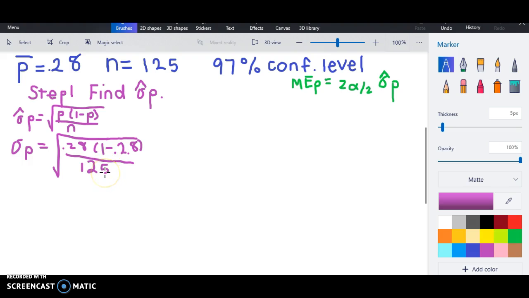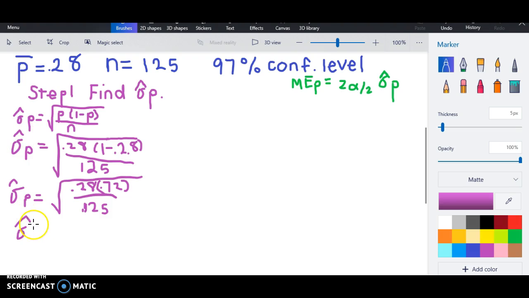So if you do 0.28 times 0.72 and you divide that by 125 and take the square root, if you put that in your calculator, you will get 0.0402 for the standard error of the proportion.